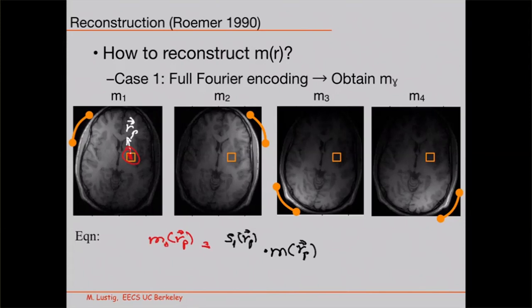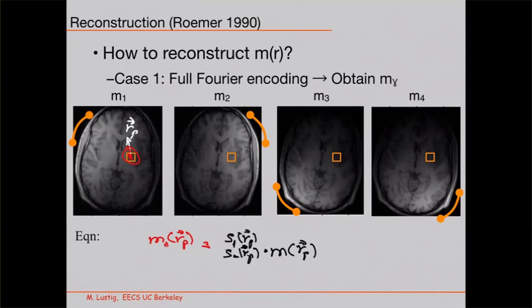Does that make sense? Now, what about this one? This one is the same M at RP, but it was multiplied by a different illumination, S2 of RP, the sensitivity of coil 2, same position.